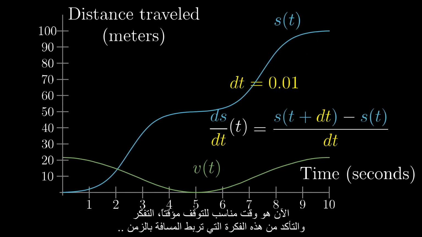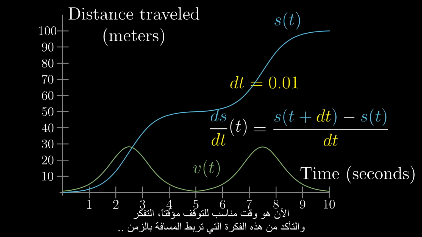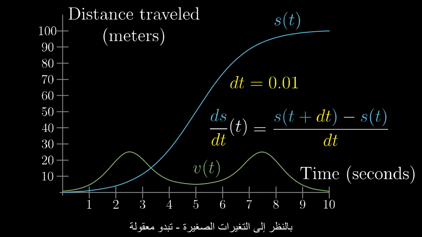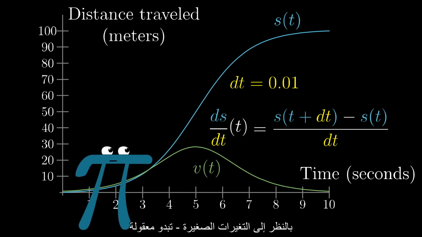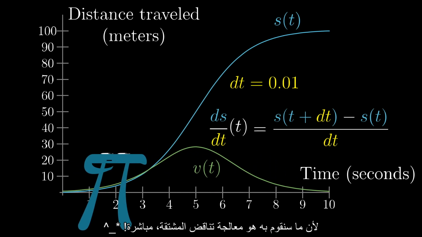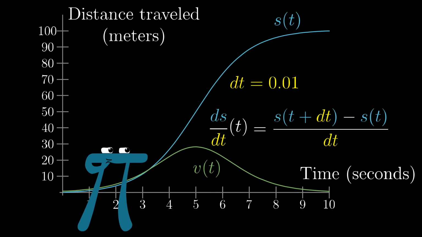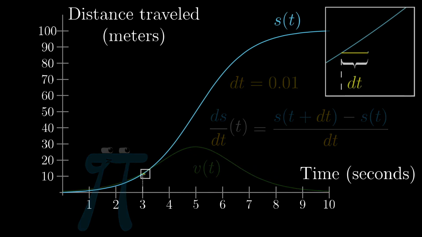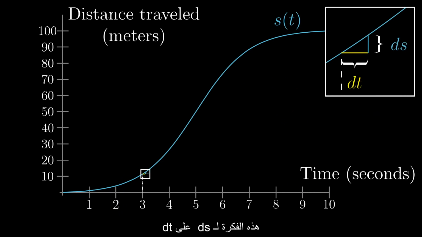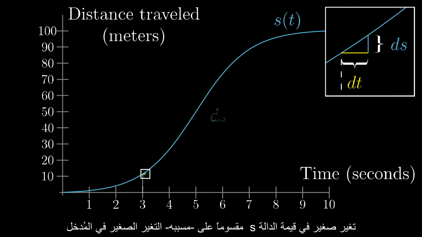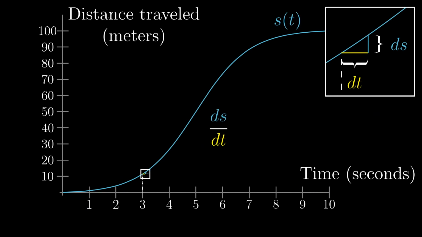So now would be a good time to pause, reflect, make sure that this idea of relating distance to velocity by looking at tiny changes makes sense, because what we're going to do is tackle the paradox of the derivative head on. This idea of ds over dt, a tiny change in the value of the function s, divided by the tiny change in the input that caused it, that's almost what a derivative is.